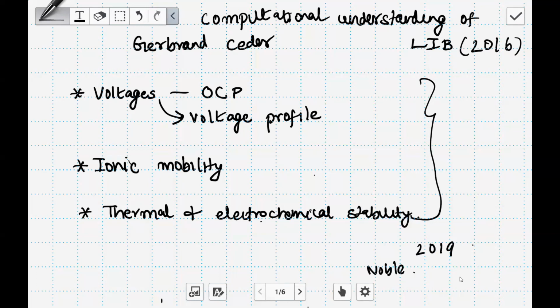One was all the time associated with industry in an industrial setting, and the other person who worked in industry made important contributions, then moved to academia. The other person, good enough, was always in the university setting. They made a tremendous contribution to the field of battery research. So we will look at that. So this is sort of the introduction.